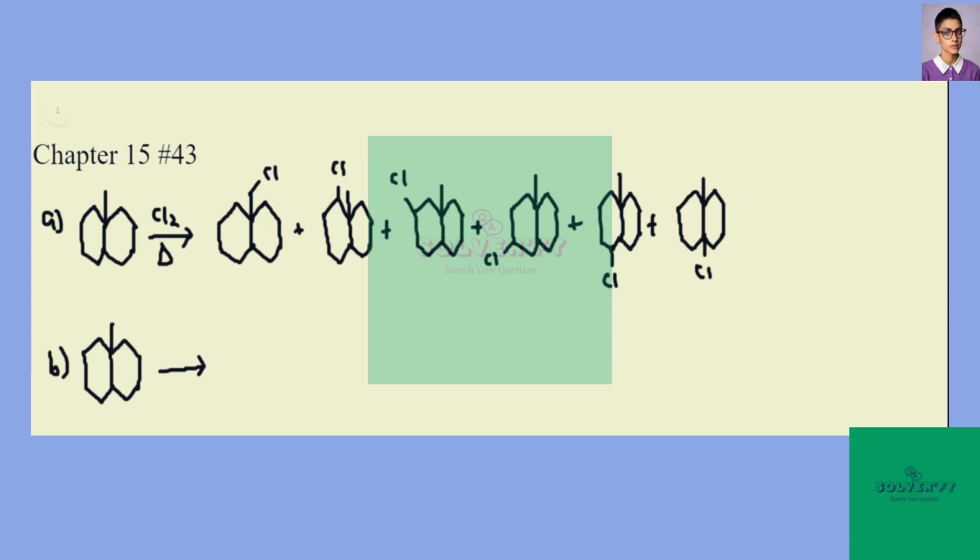If instead we use elemental bromine and heat, what we get is monobromination only at the most easily abstracted hydrogen, which is going to be the only hydrogen on a tertiary carbon in this molecule. So we get this single product, and that gives you a pretty good idea of how much more useful bromination is than chlorination in many cases.